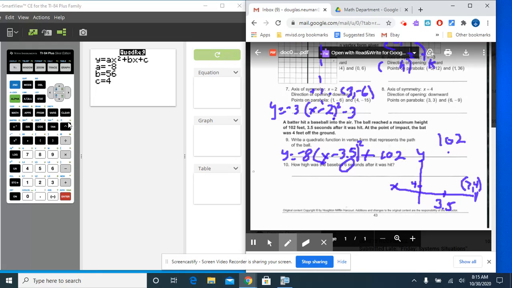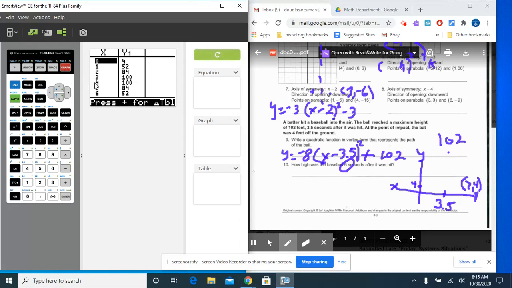So that's the equation, and then it wants to know what's going on 6 seconds after. Well, using the vars, you put that equation in y equals. So then when I go to 6, it says how high was the baseball 6 seconds after it's hit? Well, there's your answer, 52. So you've got the answer to that question.